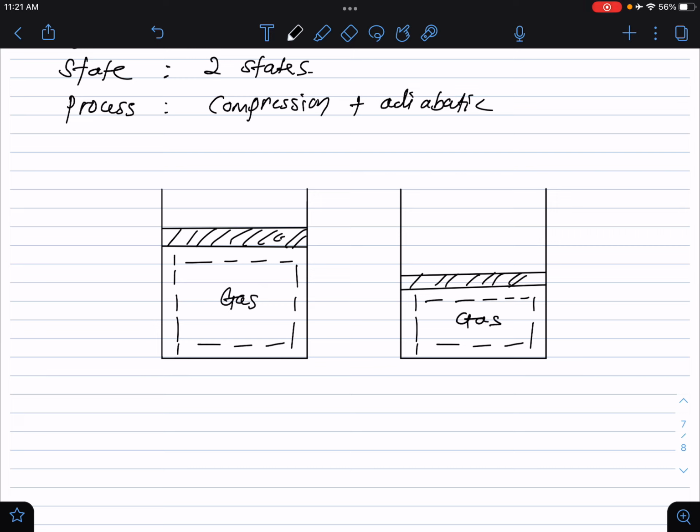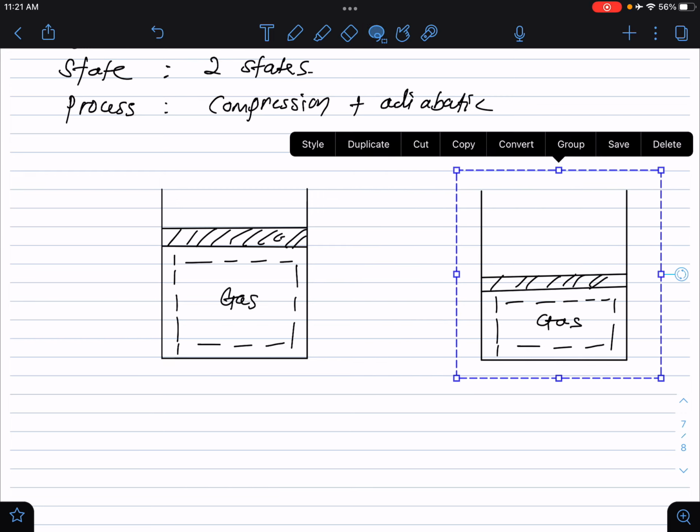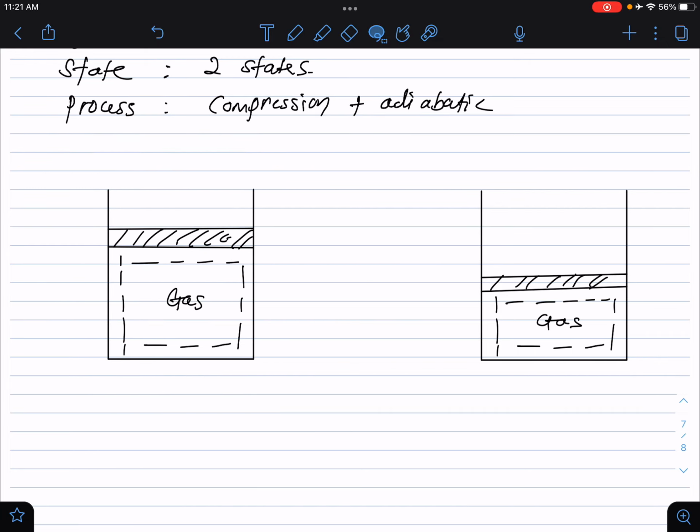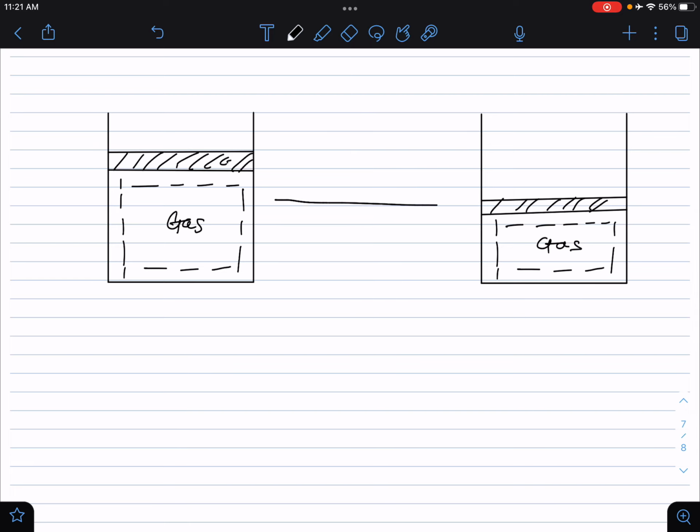Since this is a gas, you can detect what the process involved is, and then you label which one is state 1 and also state 2. Okay, so this is the process. Sorry, it's a compression and also adiabatic.